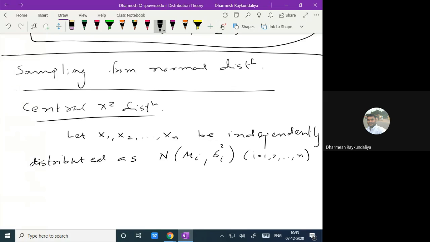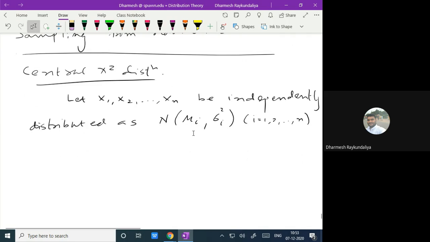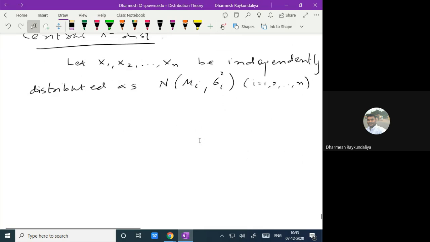Okay, so I have not said here IID. IID means common mean and common variance, but here each one has a normal distribution, and they are independent with different means and different variances.